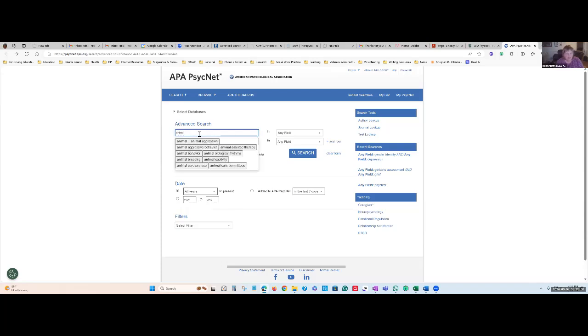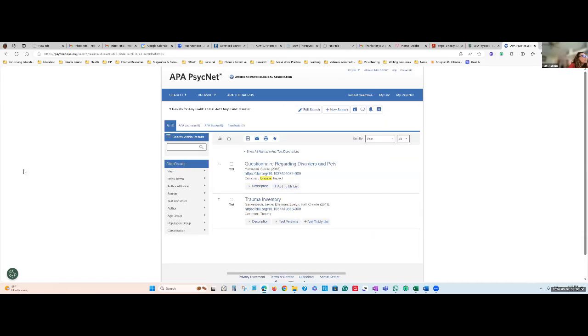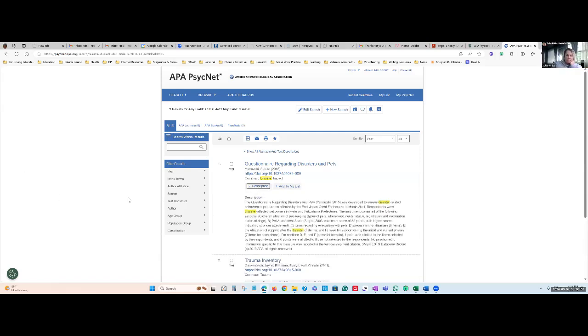Animal. You want assisted therapy? What do you want to look at, Heidi, for animal? You could do animals and disaster. I'm actually impressed that it brought up anything.